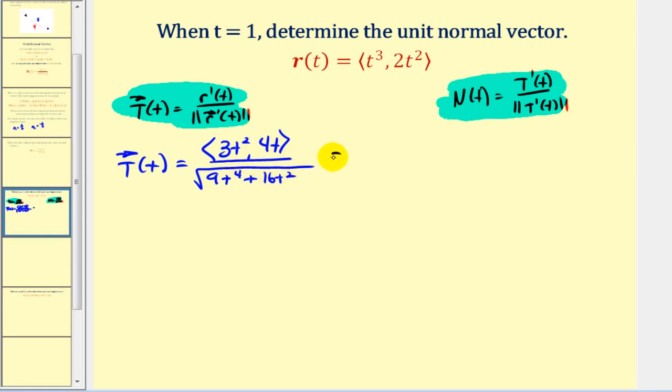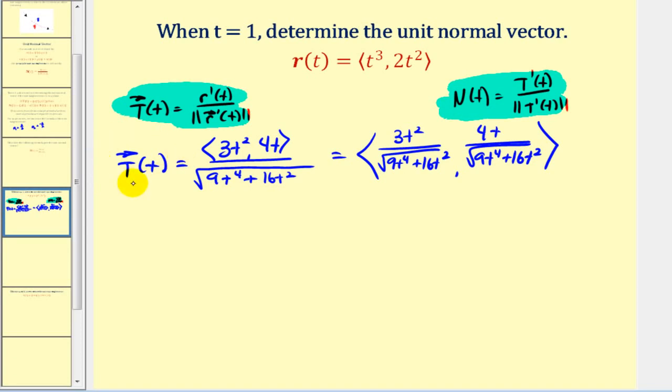So if we want to, we can rewrite this so that the x component would be 3t squared over the square root of 9t to the 4th plus 16t squared, and then the y component would be 4t divided by the square root of 9t to the 4th plus 16t squared.